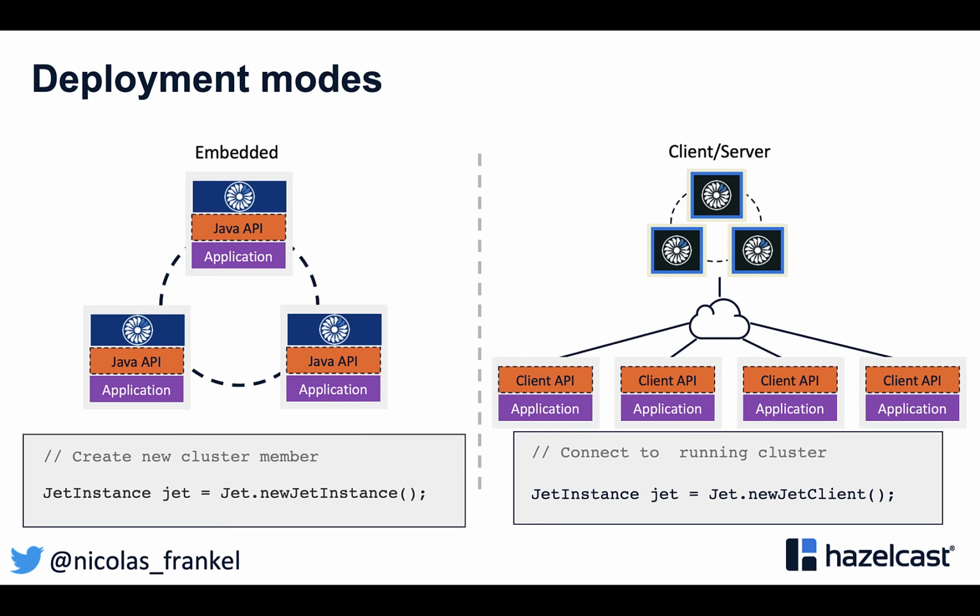You've also got an additional benefit in that case: you don't need to have a Java application. We've got client APIs for Python, for Go, for C#, for Node.js, you name it. So you can leverage the power of Jet even if you are not running a Java application.